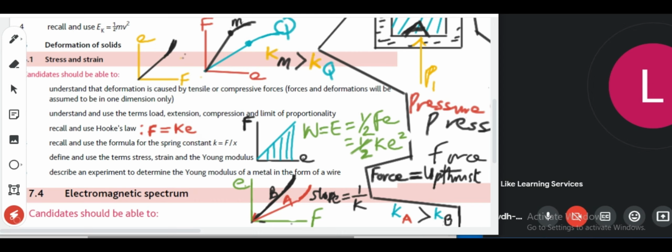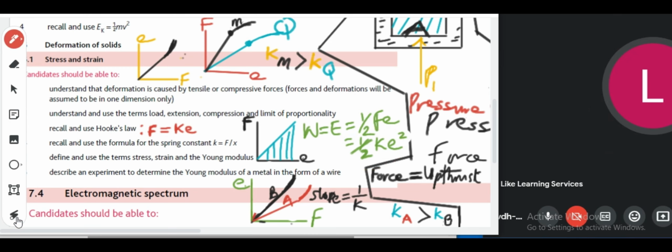So if F is equal to K E from Hooke's law, and then we substitute K E for F, instead of F we substitute it with K E, the equation will change to half K E squared.